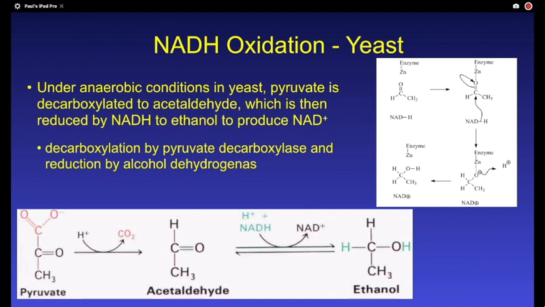And so that transition state is stabilized. And when the transition state is stabilized, the electrons can pick up a proton and we can create the ethanol. All right? And so that's how yeasts regenerate the NAD plus to break down the glucose.